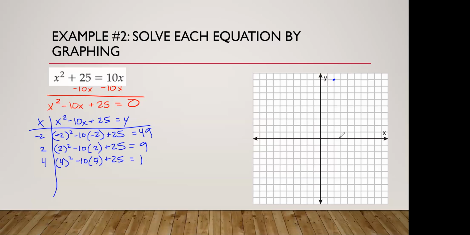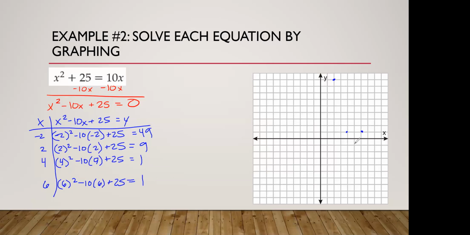So 1, 2, 3, 4, up 1. Okay, so I'm getting closer to my x-axis. I'm going to go ahead and try 6, and I get 6 squared minus 10 times 6 plus 25. I end up getting positive 1. Okay, so that was 4 and 6.